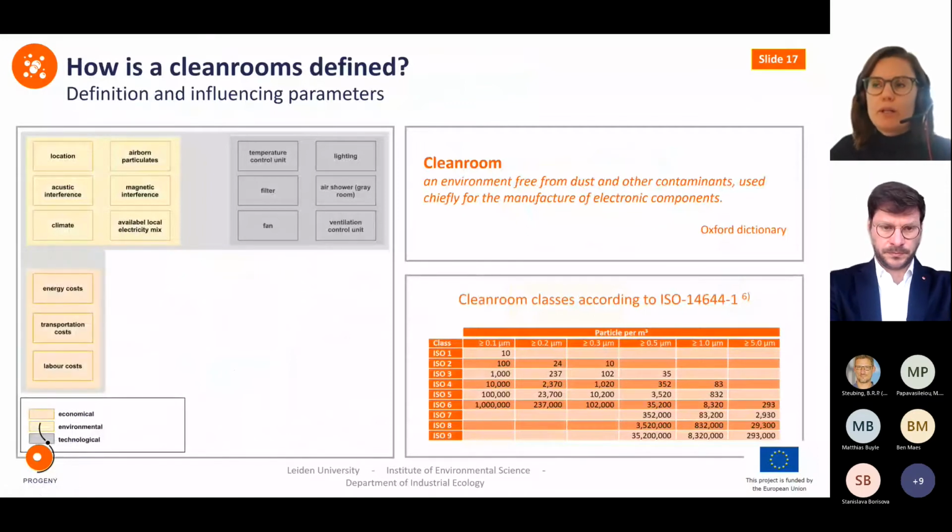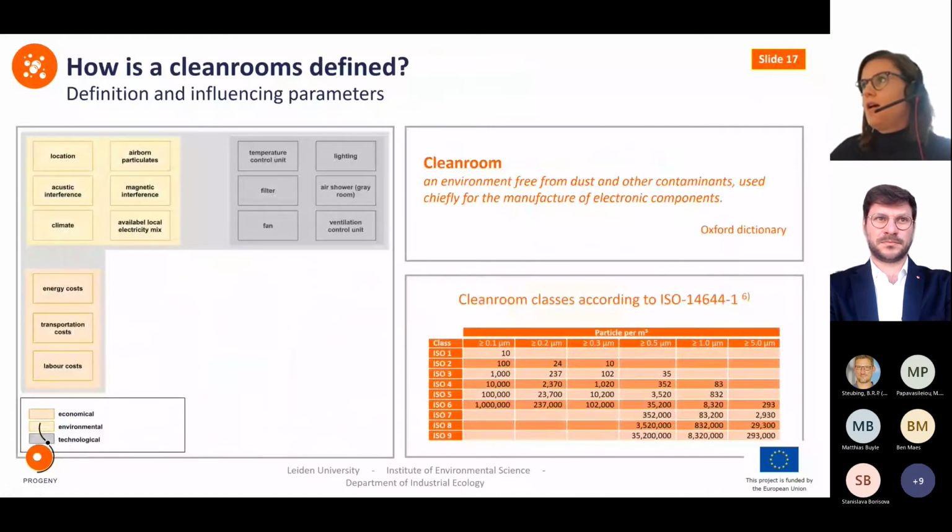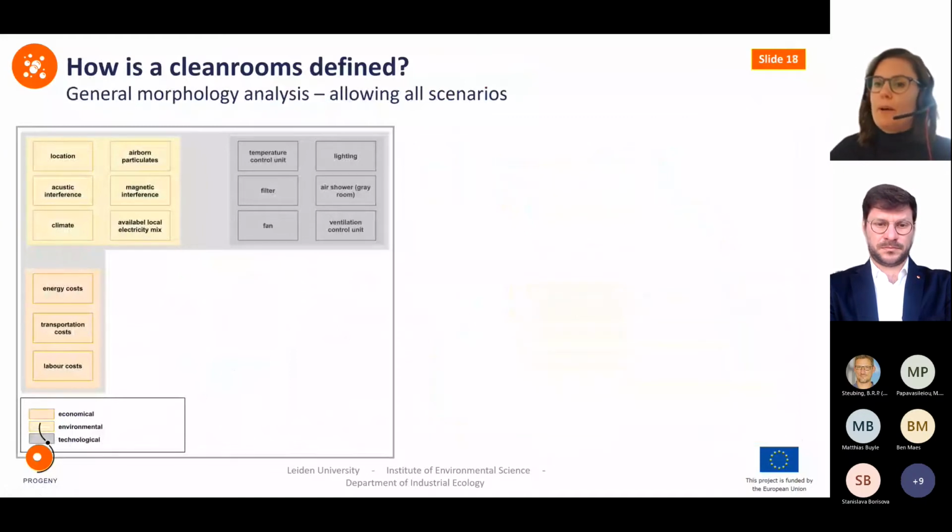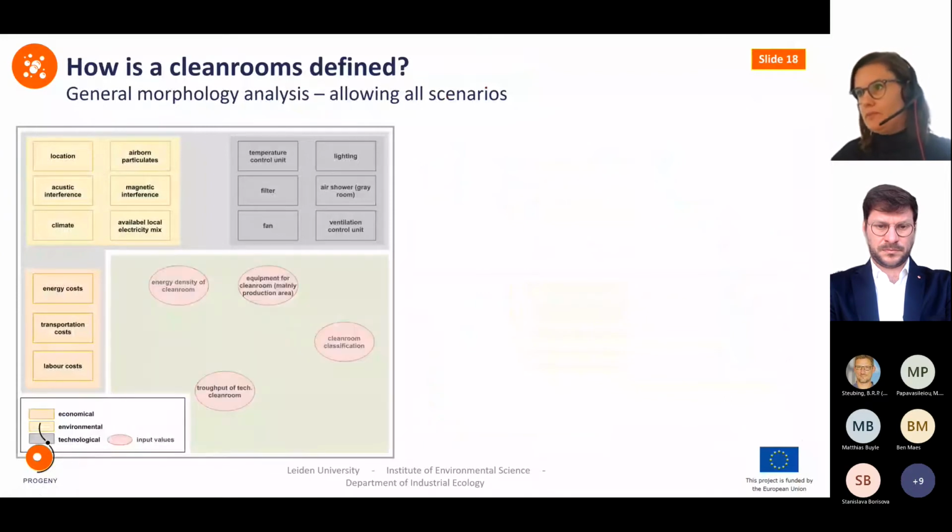Then we also have an economical morphospace where energy costs or labor costs are included, and they all have an effect. But which of these parameters can actually be quantified or contribute to the life cycle inventory of LCA?